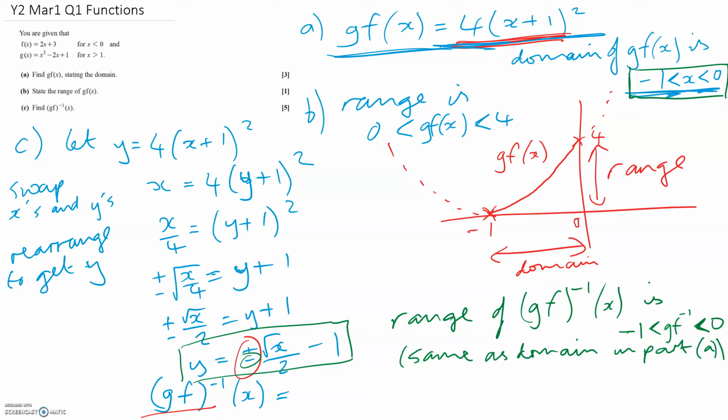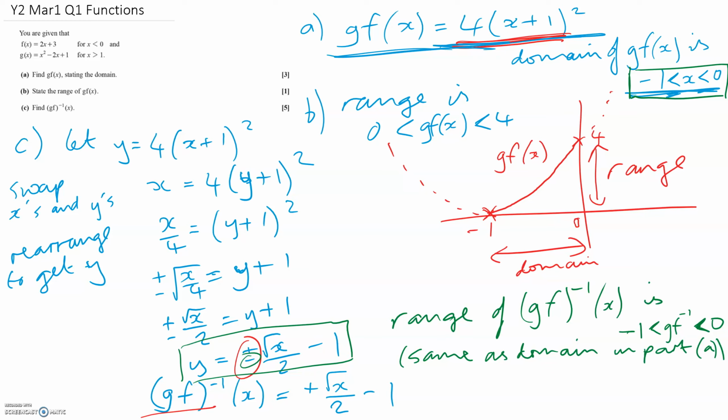So we need to take the positive only here, and so the final answer for the inverse function is going to be plus root x over 2 minus 1, although you don't really need to write the plus down. That will be the inverse function.